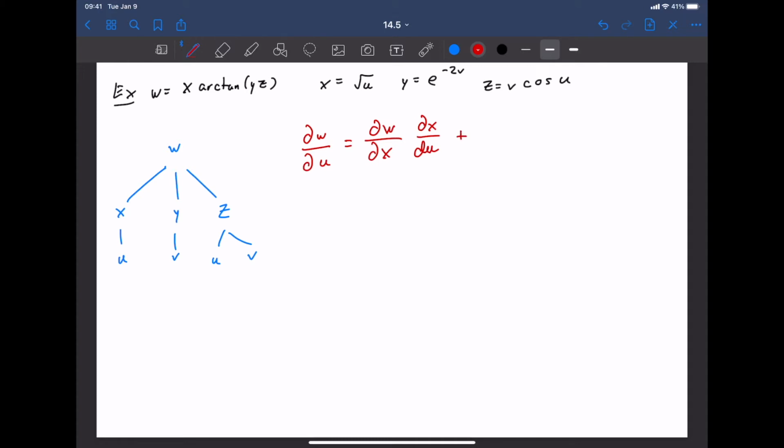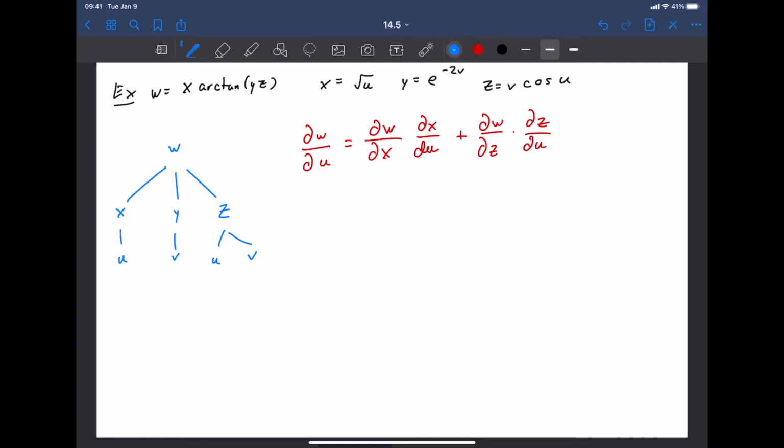Then from w, do we have to go to y? No, because y is not going to give us a contribution with respect to u. Y is a constant with respect to u. The whole variable y is a constant, so we're going to skip the y branch and go to z to u. That's rule number 1.